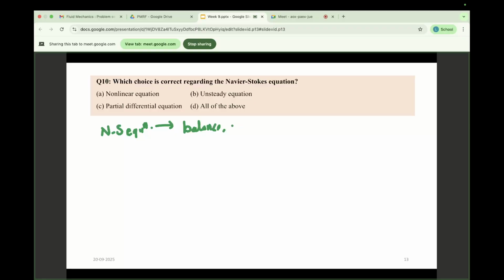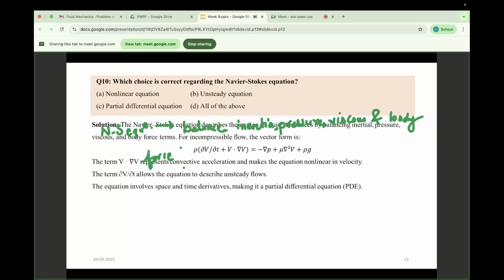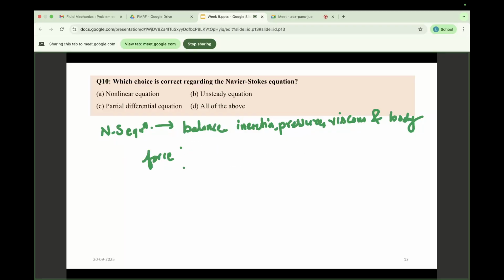What are these forces? Inertia, pressure, viscous, and body force terms. Those are the terms used in the Navier-Stokes equation.